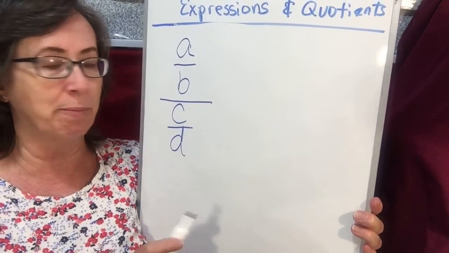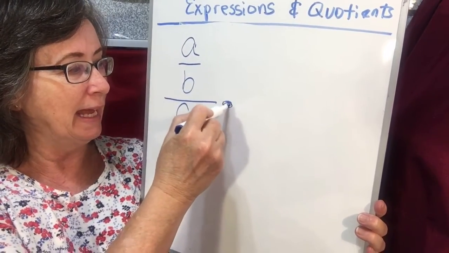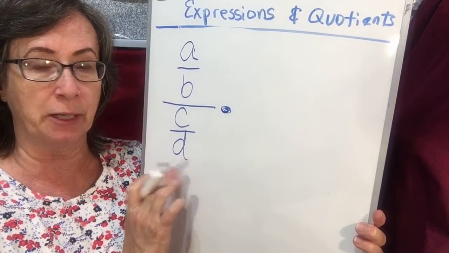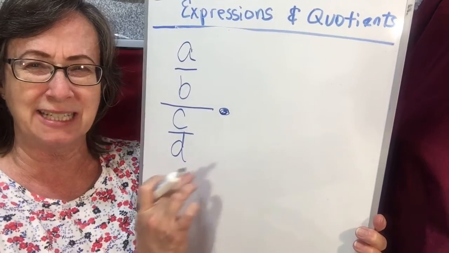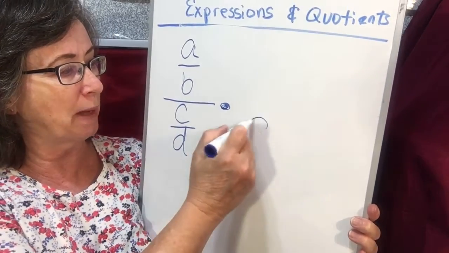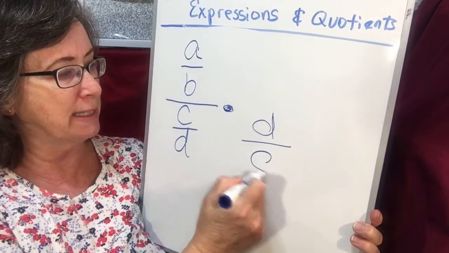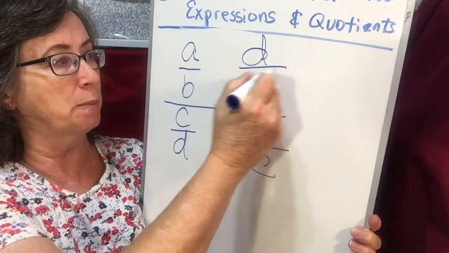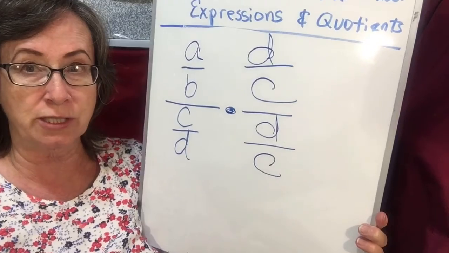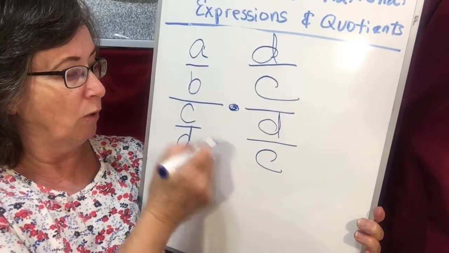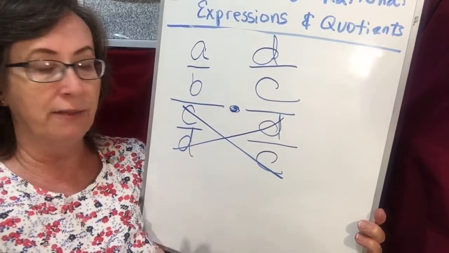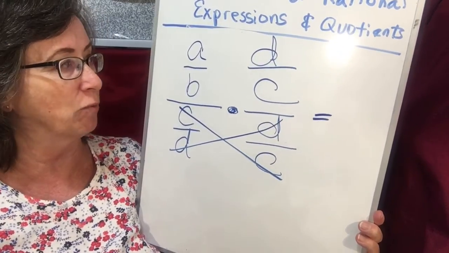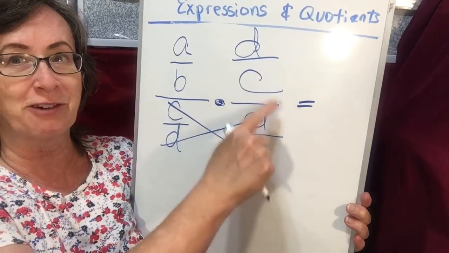Let's multiply by 1 in the form of the reciprocal of the denominator, because don't we want to get rid of that denominator? So we're going to multiply by d over c, but if we multiply the bottom by d over c, don't we need to multiply the top by d over c also? Now, when I cancel, the denominator now goes to 1, and we don't even need to write it, and guess what my new fraction is?